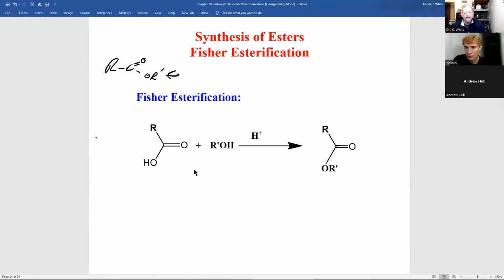This is an ester. And I talked about how you can take a carboxylic acid, react it with an alcohol and an acid catalyst to make an ester.